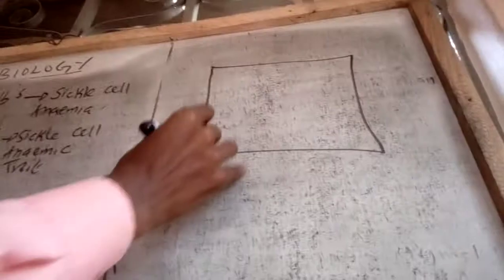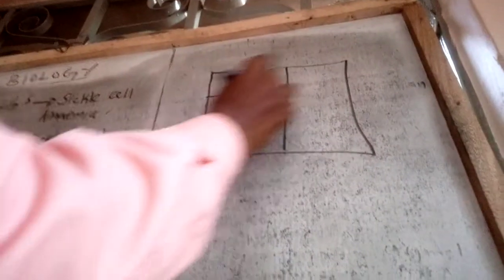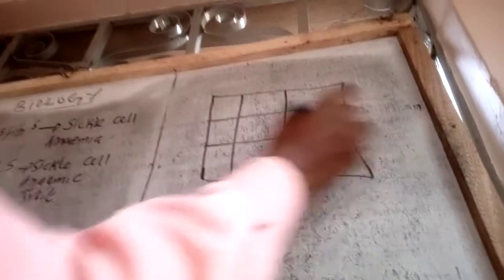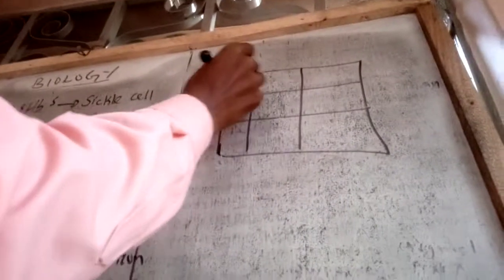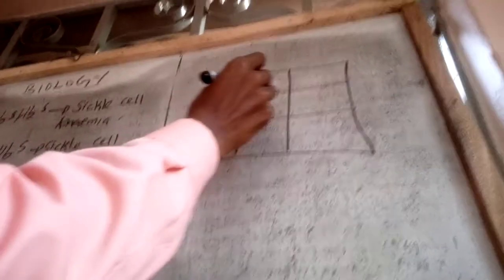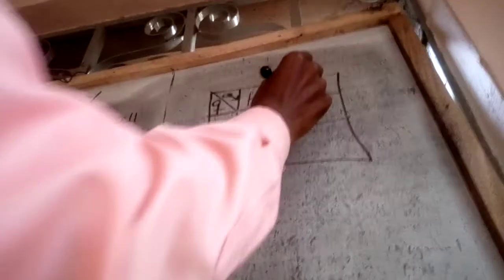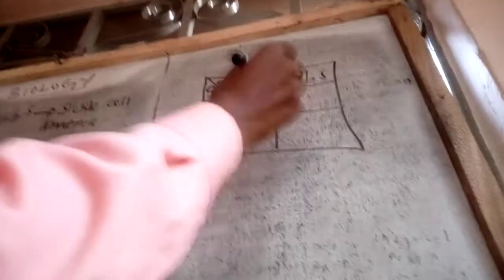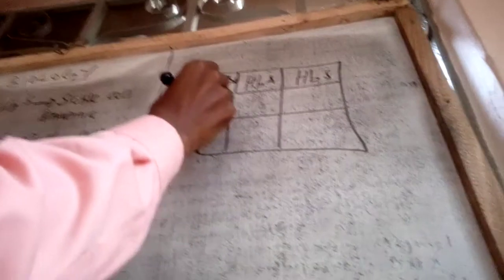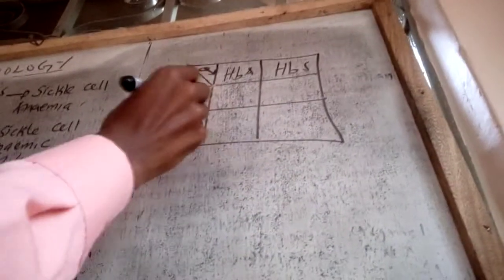In our Punnett square, bearing in mind both of the parents are in heterozygous condition, they are carriers, and therefore we have a male and a female. The male is HbA and HbS, that is a carrier. The female, the same case, HbA and also HbS, that is defective.